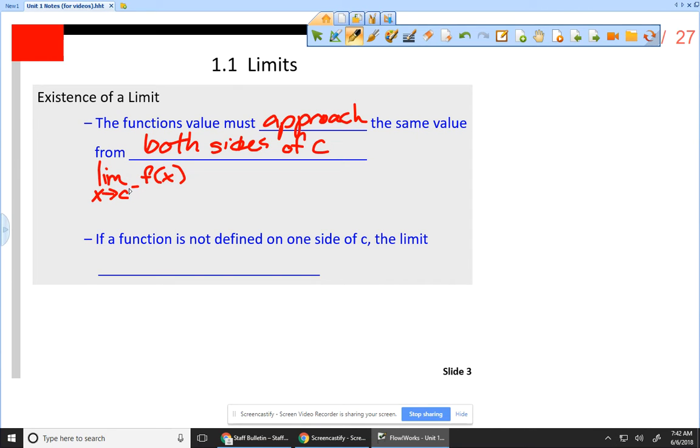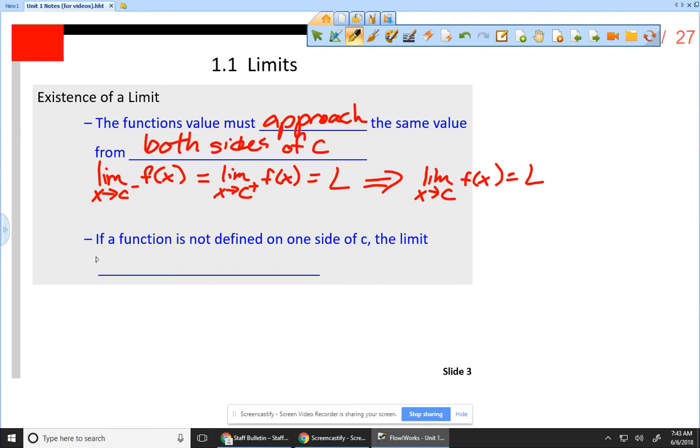When we have a superscript of a negative sign, that means from the left. That value must equal the limit as x approaches c from the right of f of x. So if those two values are both L, then we can say that the limit as x approaches c of f of x is equal to L. If those two things are not equal, then of course we would say that the limit does not exist.